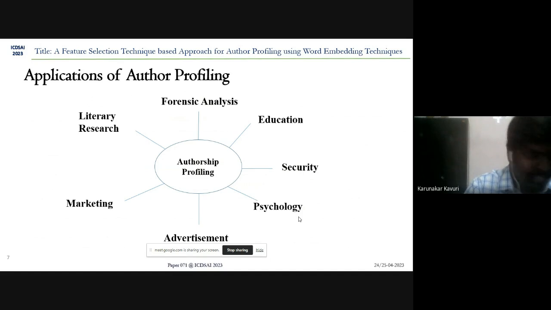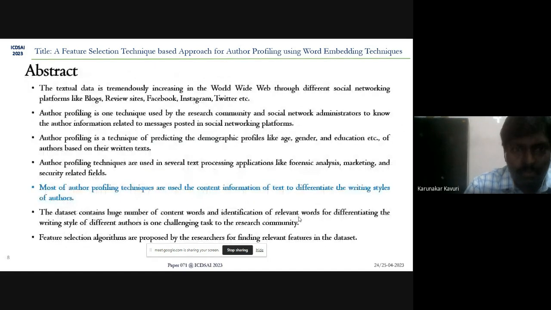The applications of author profiling include literature research, forensic analysis, advertisements, and marketing. In all those places we are using this author profiling technique. On the abstract, I already said the World Wide Web has numerous information and data. Author profiling is one technique used by the research community in several text processing applications, like forensic analysis, marketing, and all.